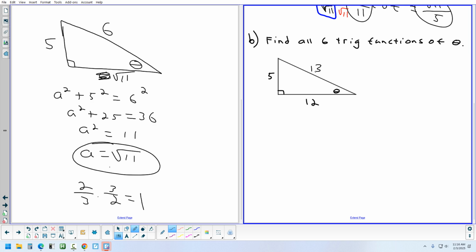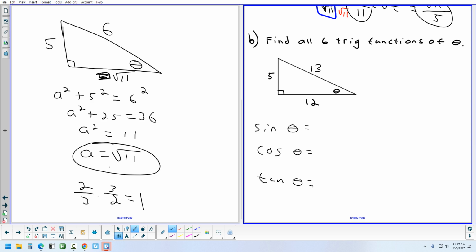Pythagorean triple. That's when all the sides in a right triangle come out without any decimals. Another example is 3, 4, 5. There's an infinite amount of these kinds of triangles. But even though there's an infinite amount of them, most of the time you will not have three sides that are all nice numbers. All right, so let's start with our sine, cosine, and tangent.